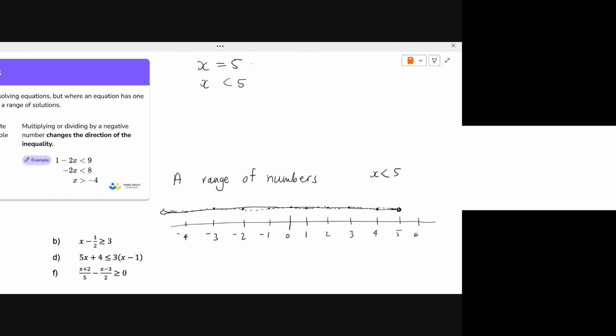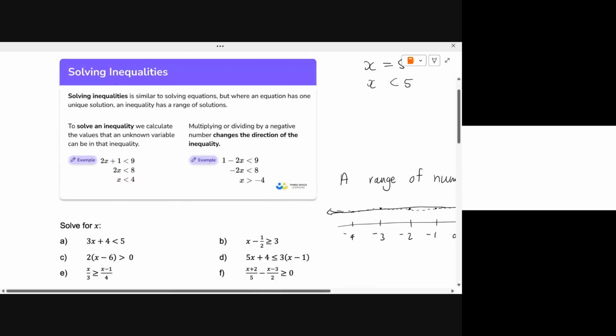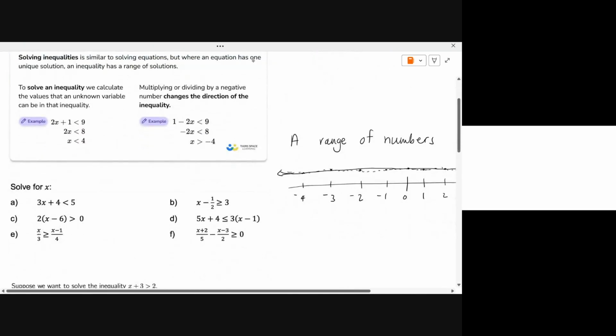Okay. All right. Shall we look at a couple of examples? Yes? Let's look at some examples. I want us to look at A, where we're going to solve for X, and for B. After you've solved for X, because we're actually just solving a linear equation, I want you to give me 3 examples of numbers.